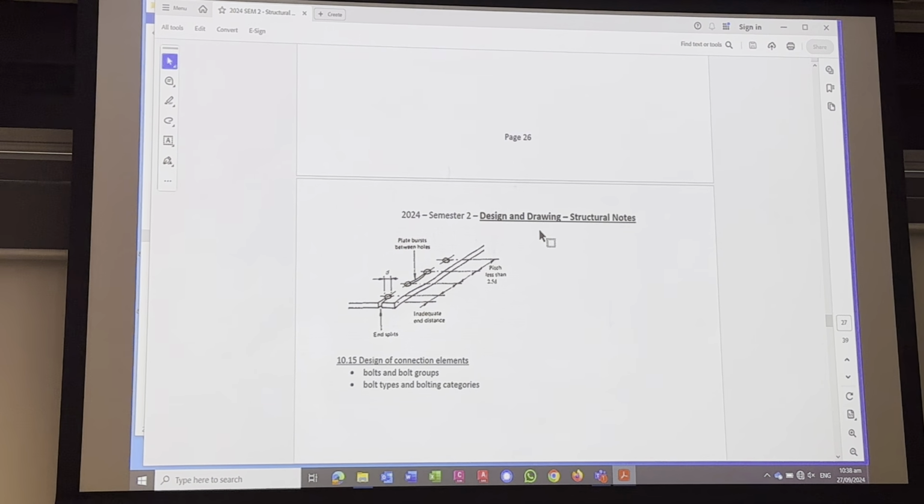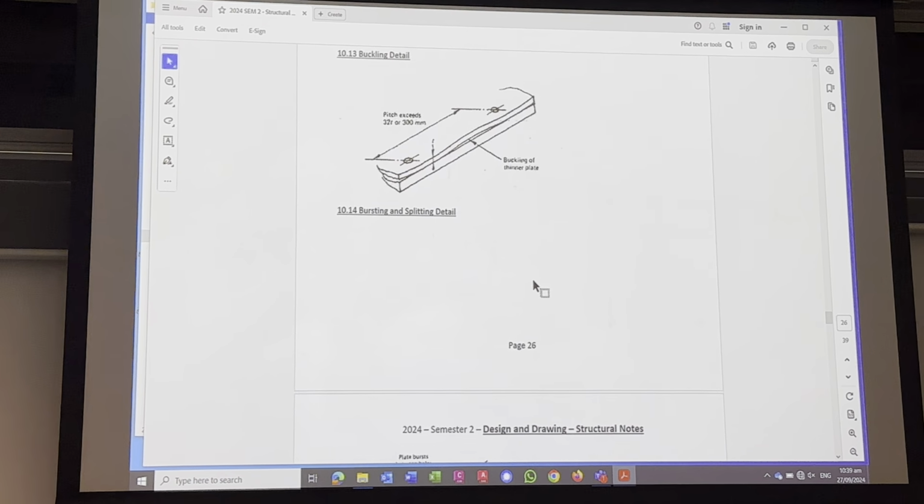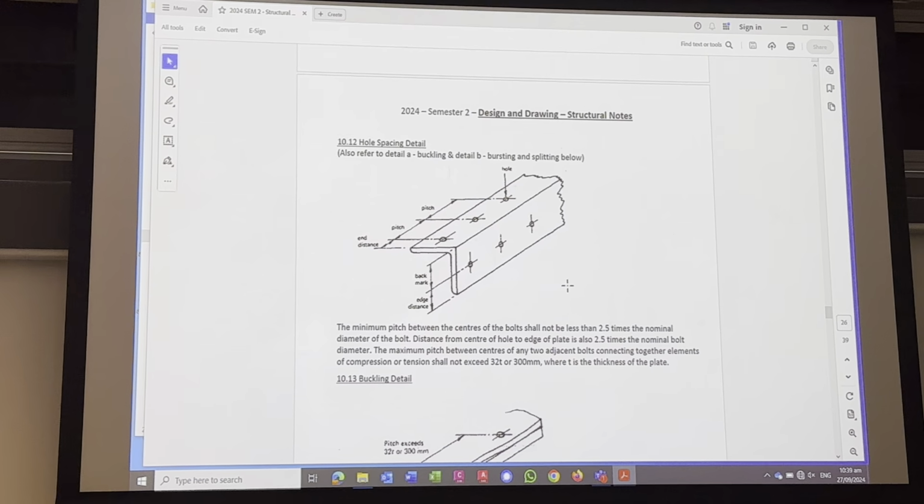Now, it doesn't seem like much on those sketches, but as you know from that power line up north that fell over, only a few nuts were missing, and that was a weak point, and off she went, the whole thing. So your job as engineering designers, there is one other thing called a back mark.